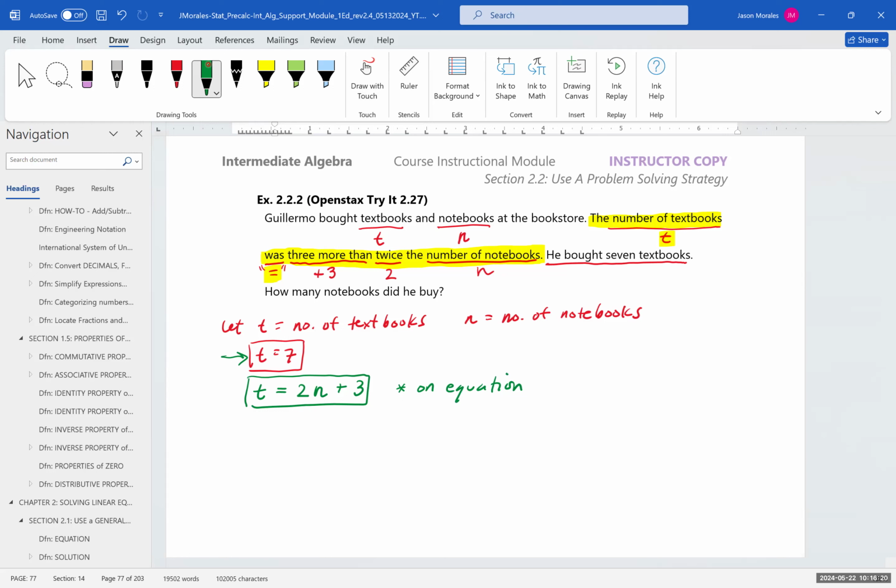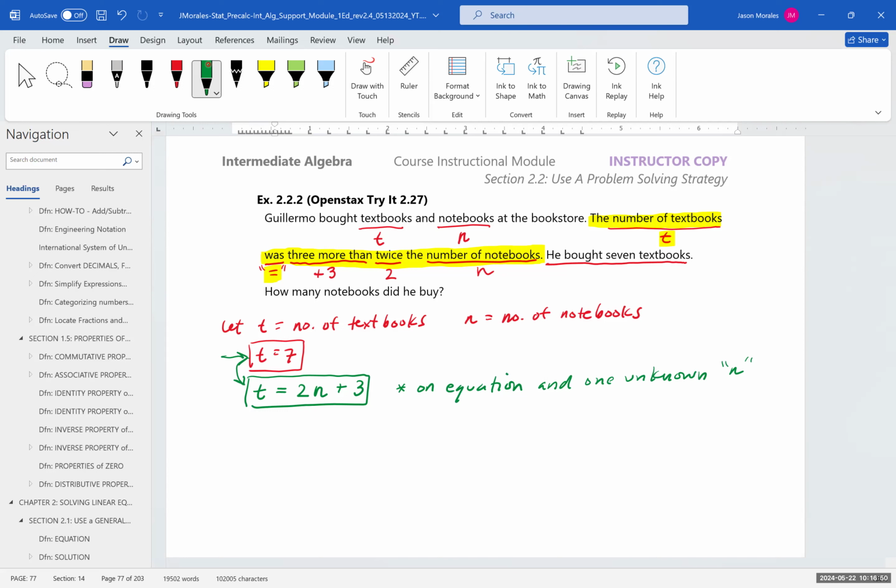So when we go to substitute 7 in for T into this equation, then that's going to leave us with one equation and one unknown, which will be N. And with one equation and one unknown, we can get one solution, no problem. So this is going to be okay.